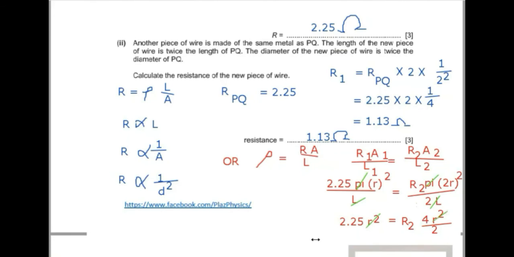Still the same result. R2 equals 2.25 divided by 2, divided by 2. Two methods: use the formula or use the proportionality. This one is for the length, this one for the diameter. See the blue color one. The L times 2 is for the length. 1 over 2 squared is for the diameter.